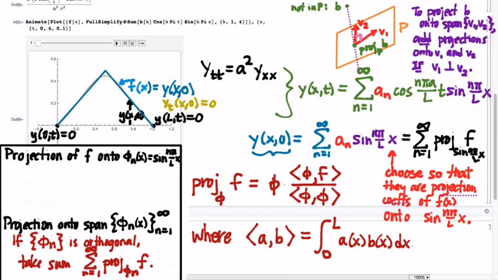If we happen to know, and this is something that I'll give you for free for now, but we're going to want to verify it on Wednesday, that all of these sines of n pi x over L are an orthogonal system of functions, we have to verify that.